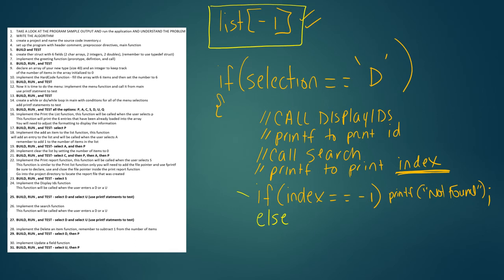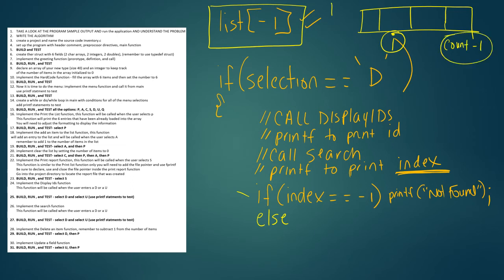Now, to perform the delete, it's very simple. This is the one we want to delete. It's at index I. All right, and this is the one we want to replace, which is at index count - 1. And this is our list. So all you do is you're going to have to do two things on a delete. So you need curly braces.